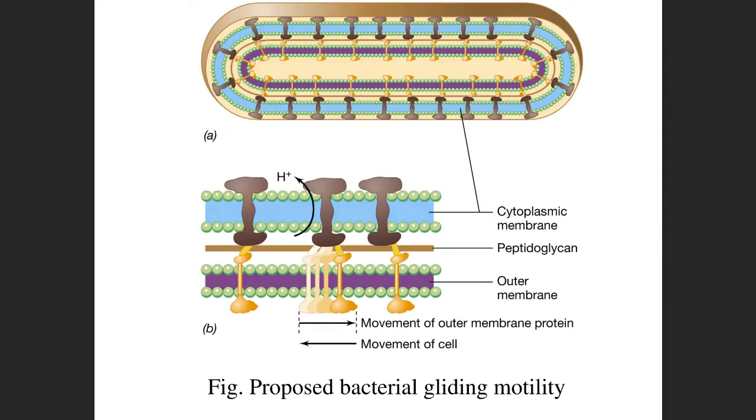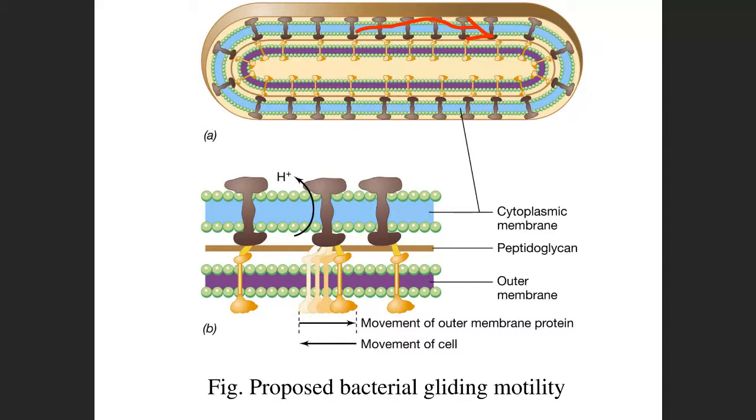There is another motility mechanism. Now, what does this remind you of? Like a tread on a tank, right? Exactly like this. So this is a relative movement. One is going in the other direction, and so that results in the cells moving.